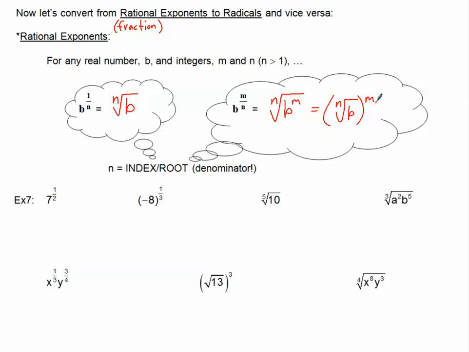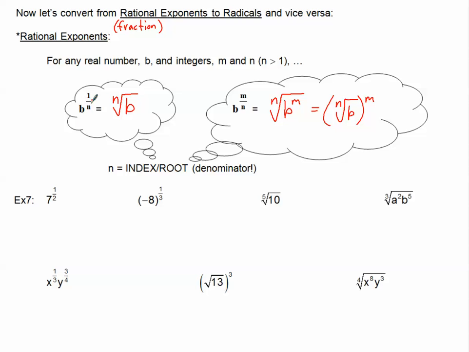But it's still the n, the denominator is still the index, and the numerator attaches itself as an exponent to the b or as an exponent to the entire radical, whichever one is easier for you to understand.